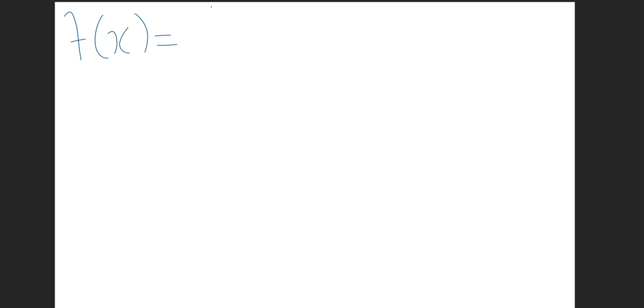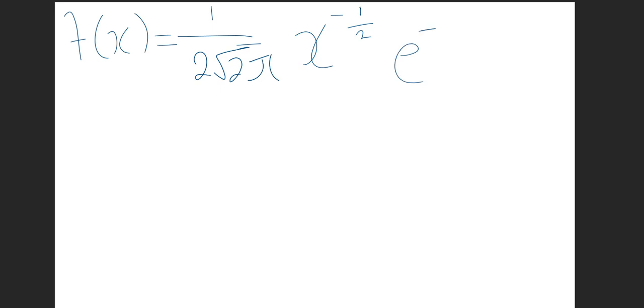It's going to be 1 divided by 2 square root of 2 pi. This is the chi-square distribution with 1 degree of freedom. Now this will be x times e raised to negative x divided by 2. This is the square of our random variable X. This will be the PDF.